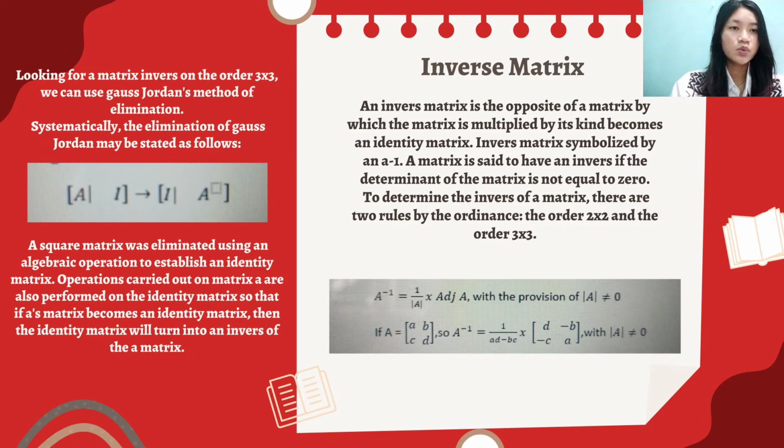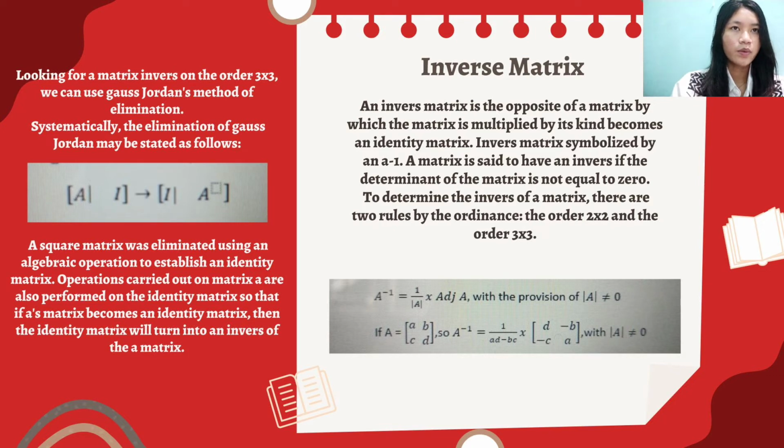Inverse matrix order 2 kali 2. Inverse of a square matrix with the order 2 kali 2 can be found in the following way. A pangkat minus 1 equals 1 per determinant of A dikali ADJ A, with the provision that determinant of A is not equal to 0.